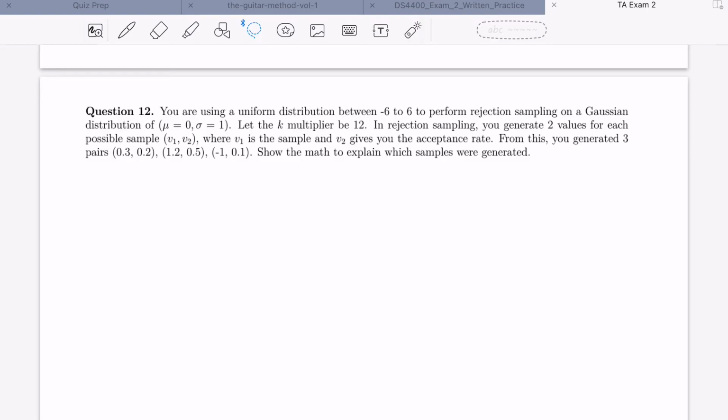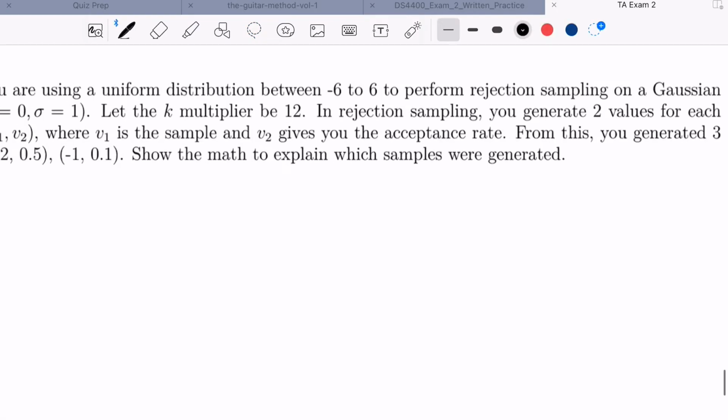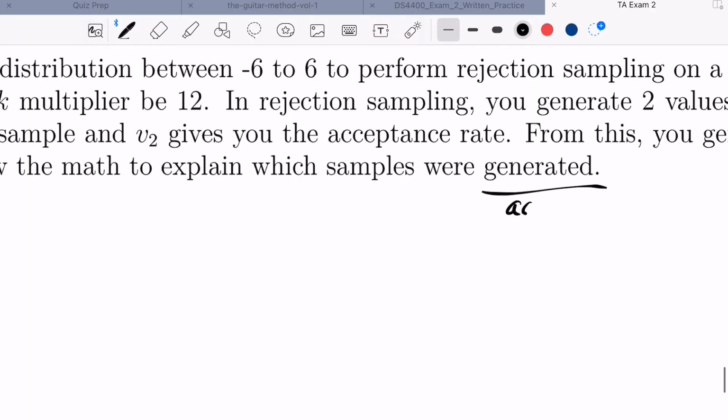In rejection sampling, you generate two samples for each possible sample, v1 and v2, where v1 is the sample and v2 gives you the acceptance rate. From this, you generated three pairs. Show the math to explain which samples were generated. So this is saying which were accepted.